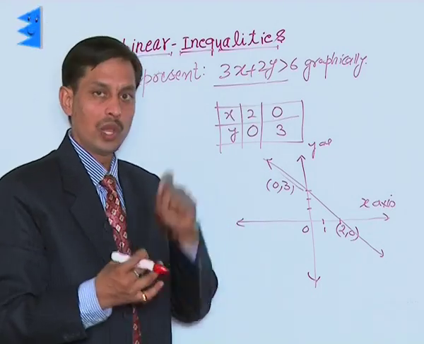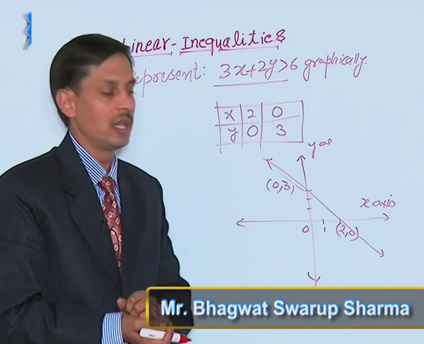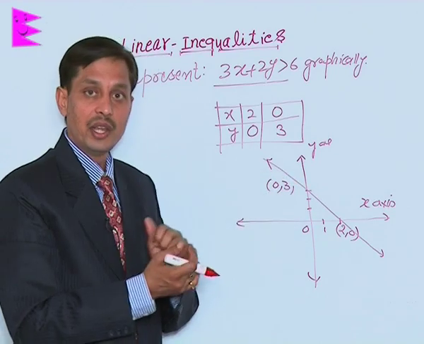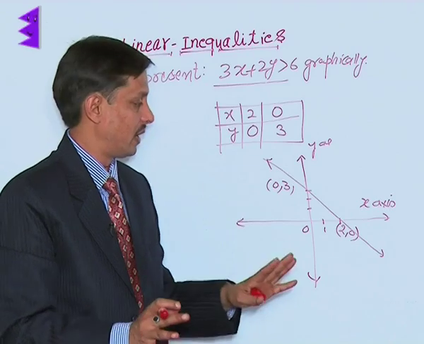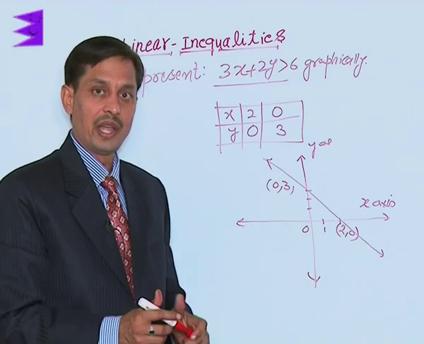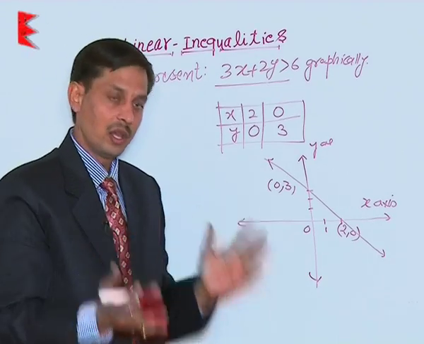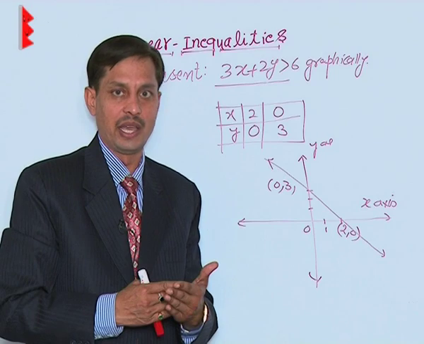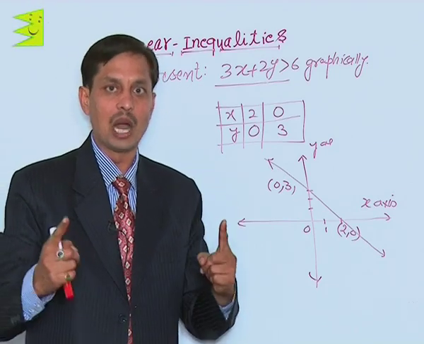But I have to take 3x + 2y > 6. In order to take that value, what I need to do is note that this line separates the entire xy plane into two halves. As we know, what is the role of a line? When a line is drawn, it separates a plane into two halves.